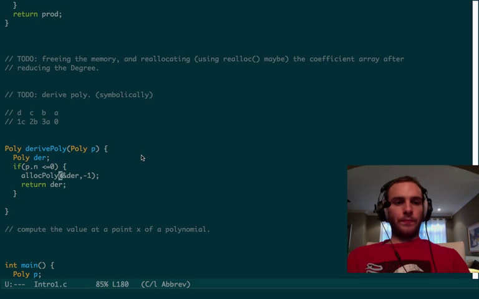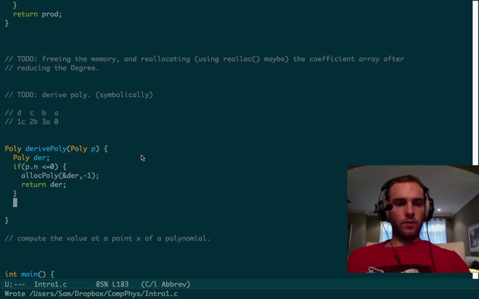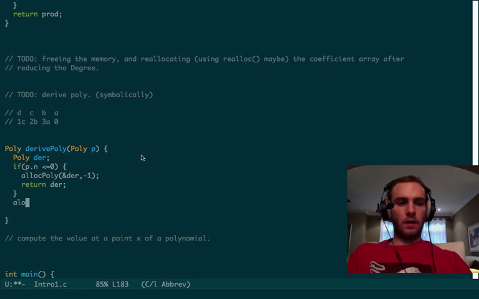So it's relatively straightforward to see what's going on. Alloc poly p dot n minus 1. Alright, so you reduce the degree by 1.